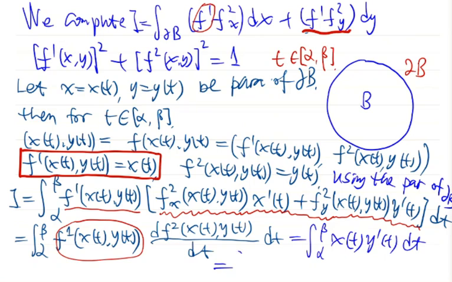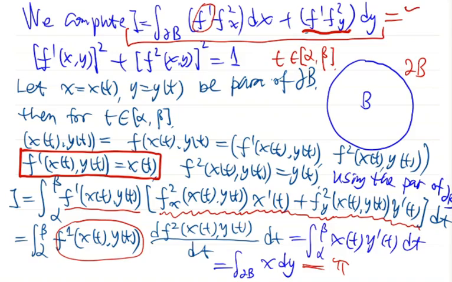This is the integral over the boundary curve of x dy. As you know, because you already studied Green's formula in calculus 2, this is pi, the area of the unit disk. So we conclude our computation of this integral in the proof of our proposition. The result is that it equals pi.